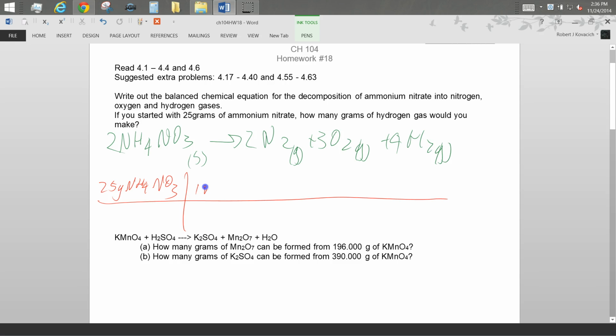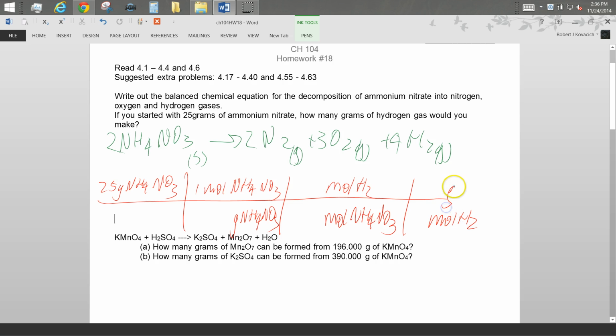Then I'm going to put 1 mole NH4NO3 and grams NH4NO3, and I can put moles NH4NO3 and moles H2 and moles H2 and grams H2.